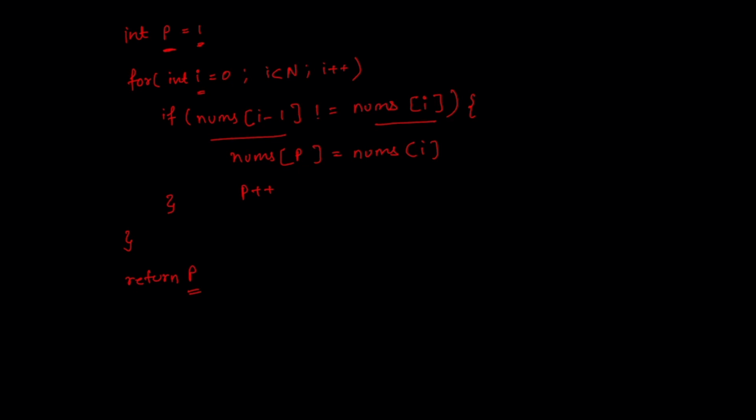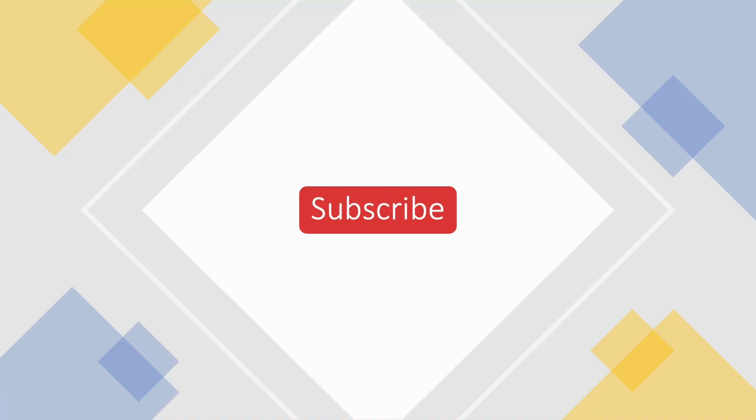If it is not, it means it's a unique element that came for the first time. So you will insert at the pth index and increment p. At the end of the for loop, all the unique elements are in the first part of the array and p is pointing to the size of the unique part, and you can return p, and that will be your answer.